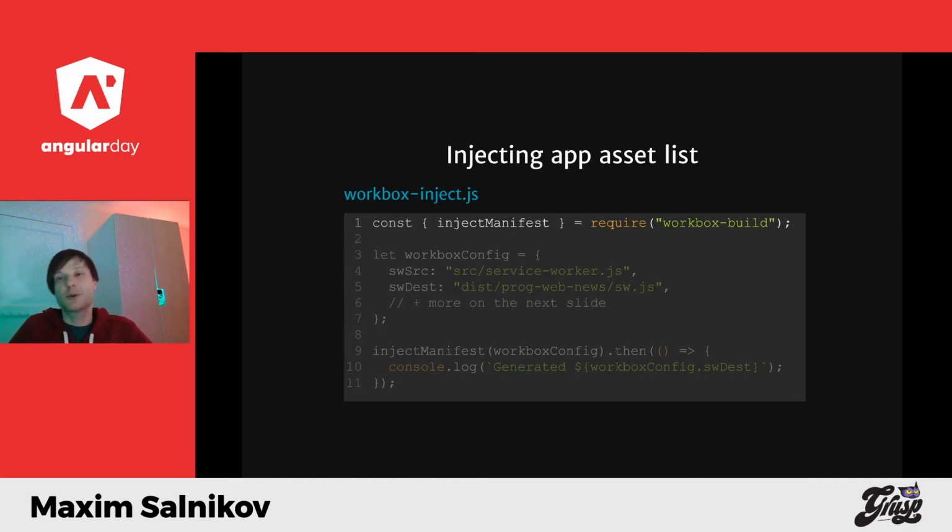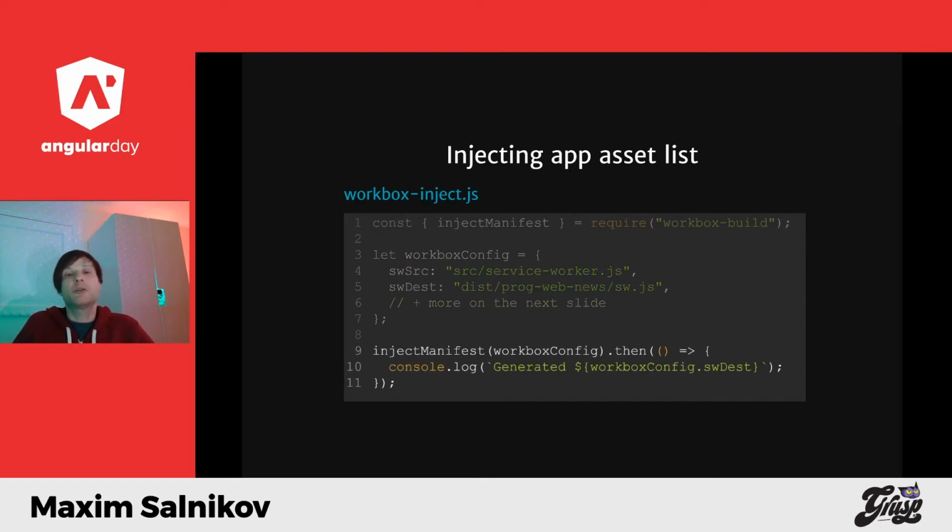Here we, after all, use the workbox-build module, which we installed, and in particular the injectManifest method from this. We provide some configuration in addition to obvious parts like where to take the Service Worker and where to put it. You see, in my case, this will be dist/project-name, which is ProgWeb News for me, sw.js. On the next slide, we'll see more Angular-specific configuration I recommend to use.